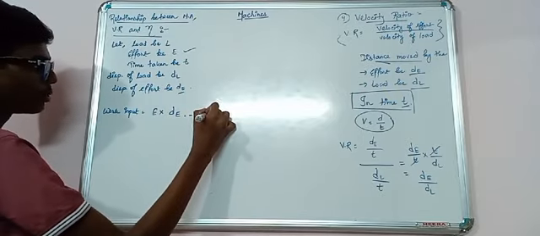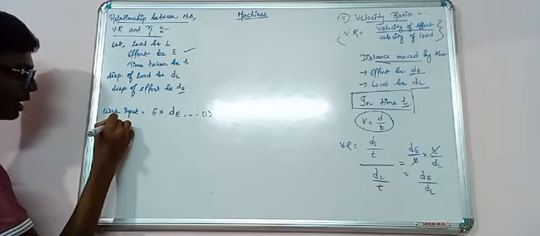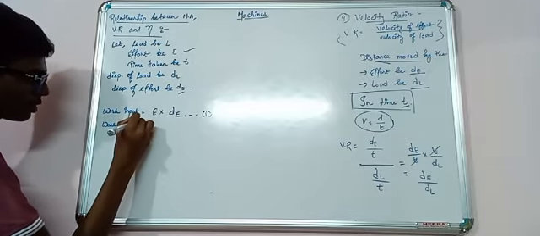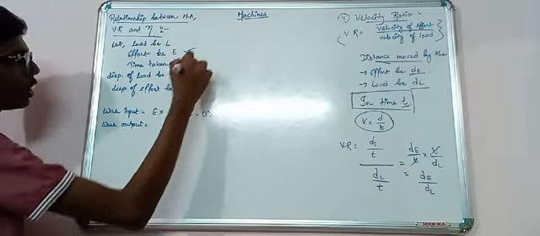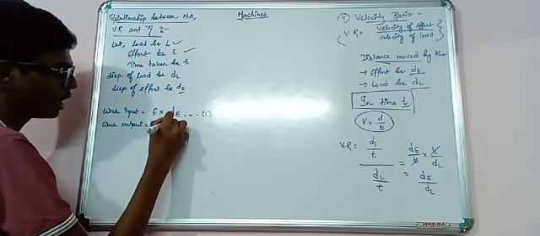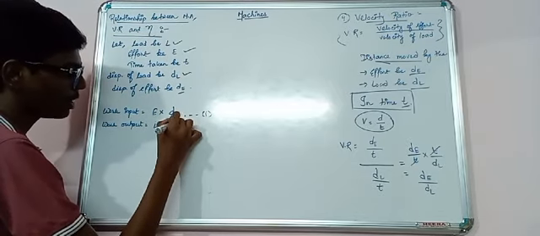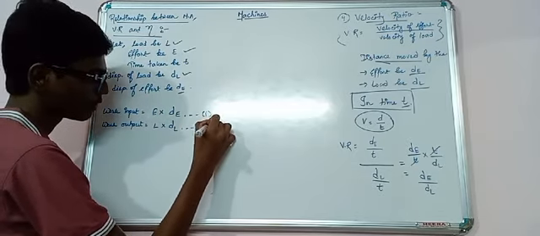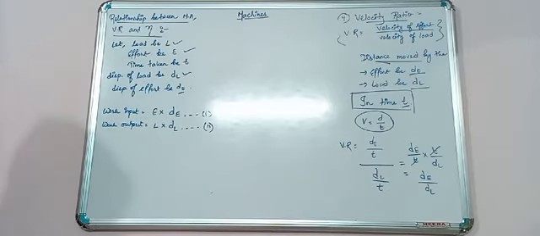It is marked here as 1. What is your work output? It's your load into displacement of the load. Let us take it as 2. Hope this is quite clear to you.